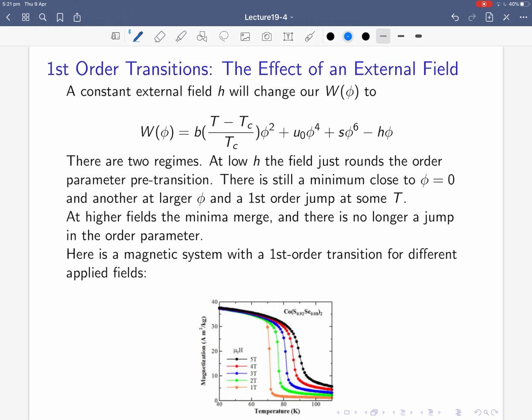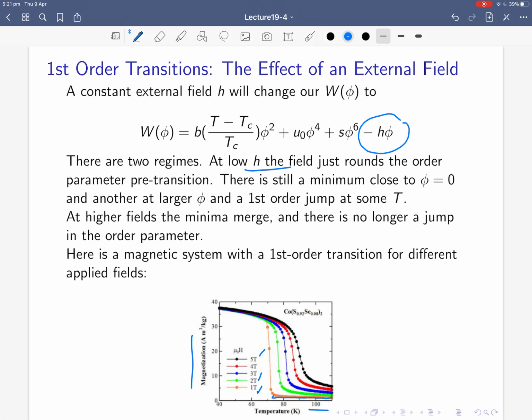So let's look at what happens for an external field. We're just going to take the same Landau free energy and add in a uniform external field. We're not going to look at this in detail, but there are two regimes. If the field is low enough, the field just rounds the order parameter pre-transition. Here's an example of magnetization versus temperature for different fields, 1 Tesla, 2 Tesla, up to 5 Tesla.